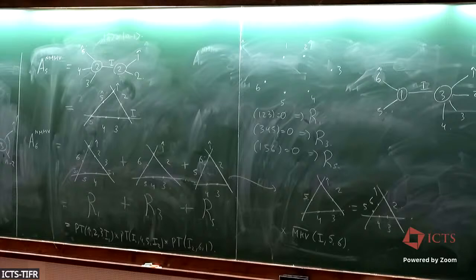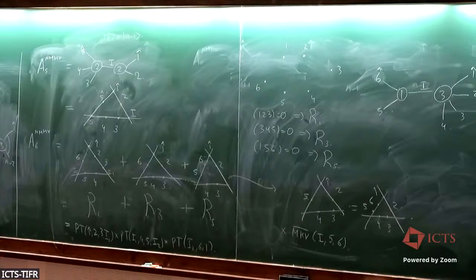So I just want to draw the N squared MHV picture to show that it's not that scary. And then I'll end with a few remarks about all of these things. Okay, N squared MHV. So N squared MHV has this type of diagram. And then it has the classic recursive part, which is this.